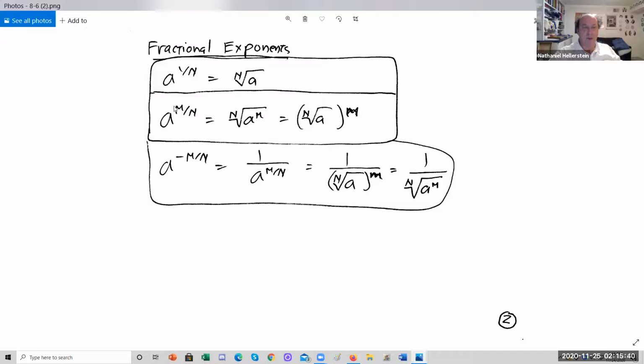So the m in the numerator means the power, the n in the denominator means the root. If you have a negative fraction, that's 1 over a to the m over n, so 1 over the nth root of a to the m, either way.